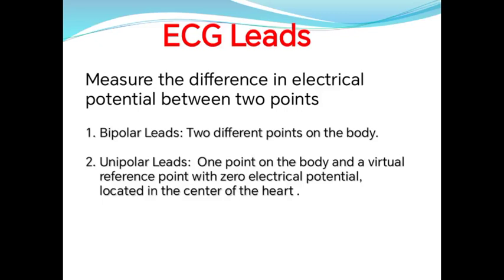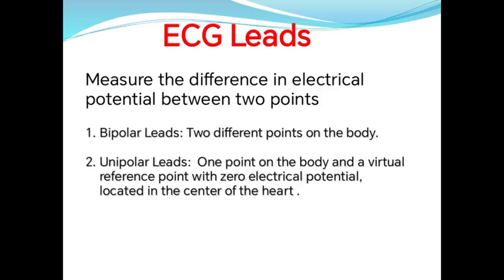The unipolar lead uses one point on the body and a virtual reference point with zero electrical potential located in the center of the heart. But the bipolar lead has two different points on the body.